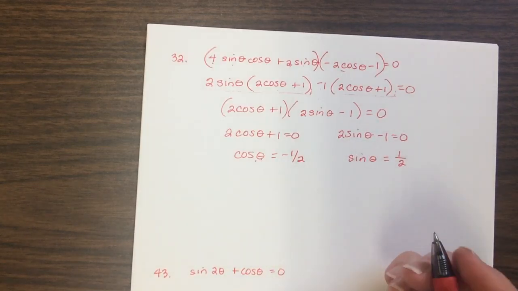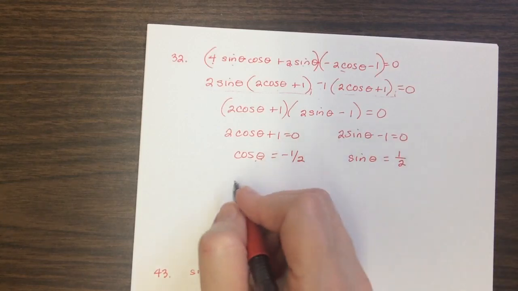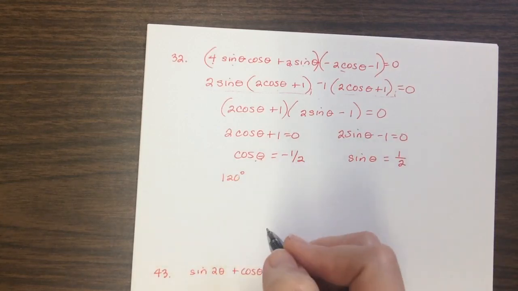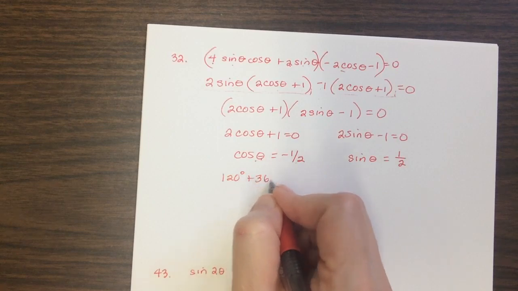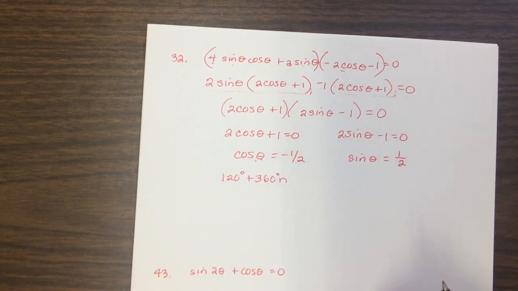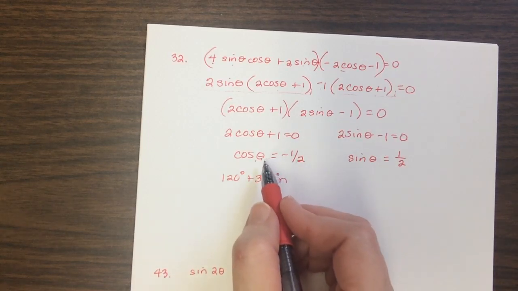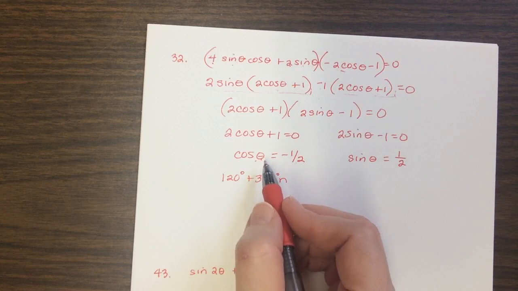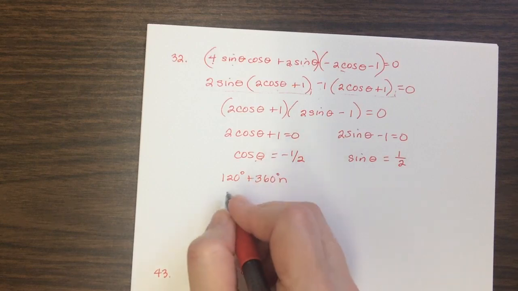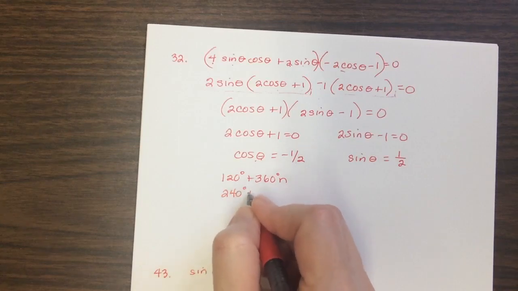So in quadrant 2, I'm looking at 180 minus 60 degrees, which is 120 degrees, plus all solutions, if that's what it asks for. And then in quadrant 3, I'm looking at 180 plus 60 degrees, so 240, plus all my solutions.